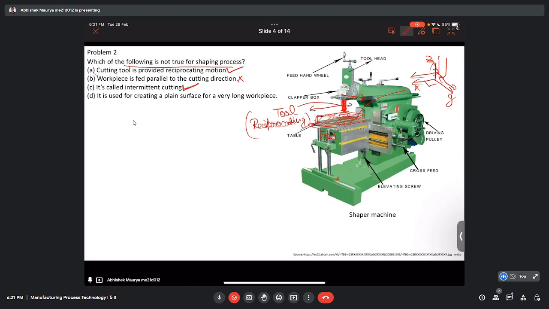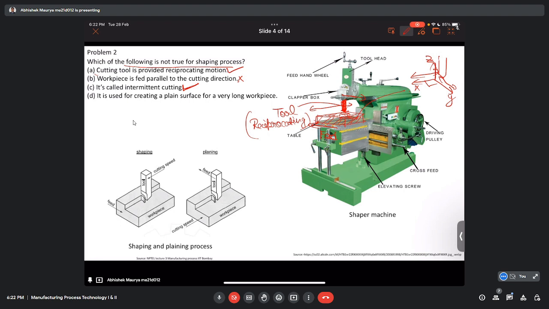For shaping, this statement is not correct, because a shaper machine is used for creating a flat surface for a smaller workpiece, not a longer workpiece. Even if we want to create a flat surface for a longer workpiece, the process will be almost the same, but the machine or process that is particularly used is called planing.